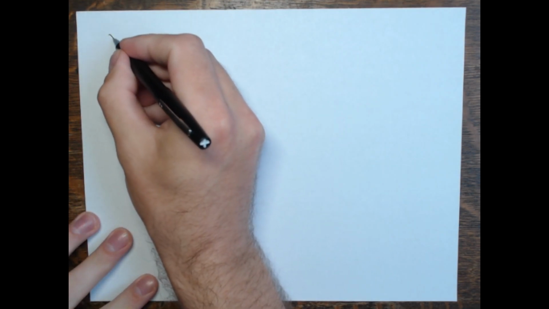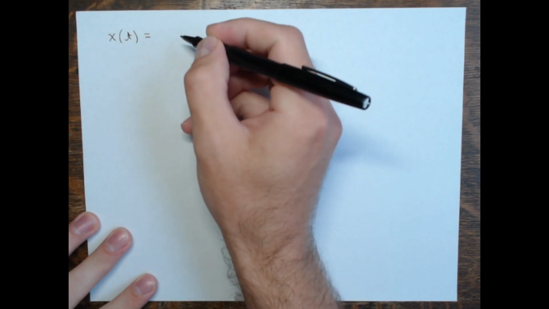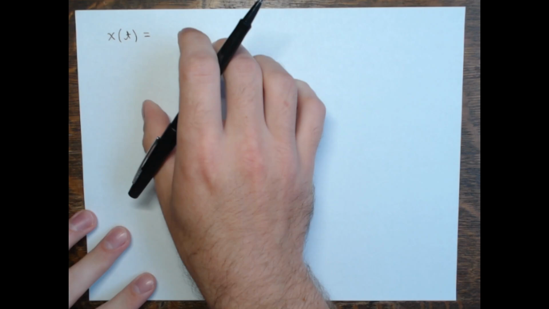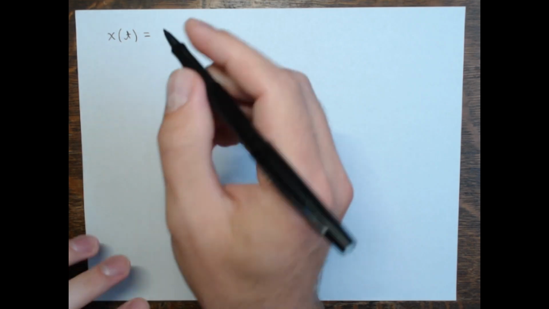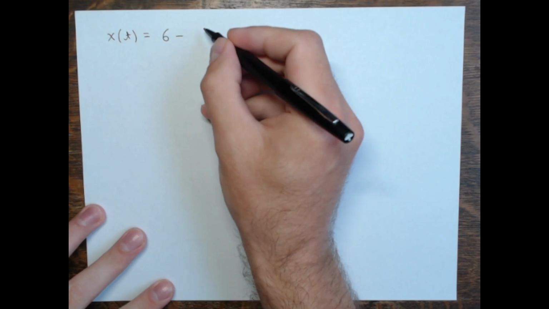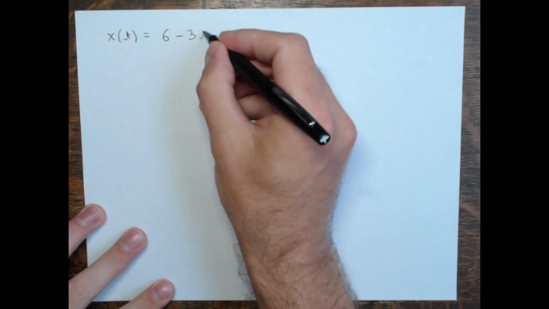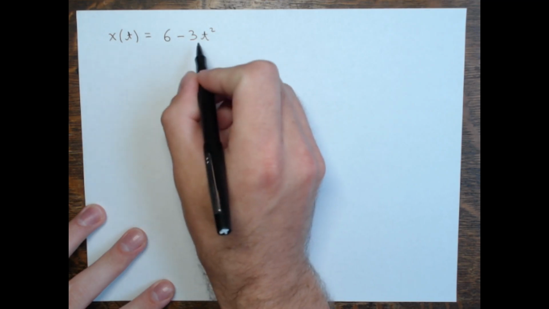So here are the parametric equations we were given, right? X of t is 6 minus 3t squared. Just making sure I'm able to read this here.